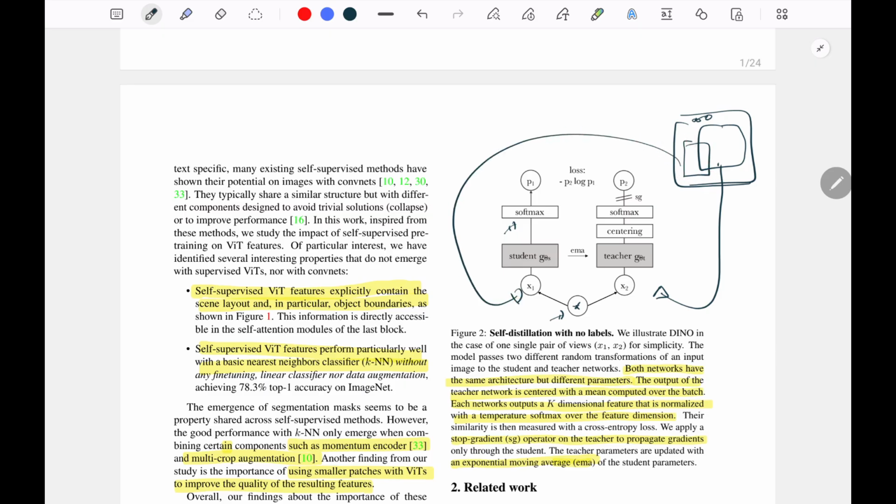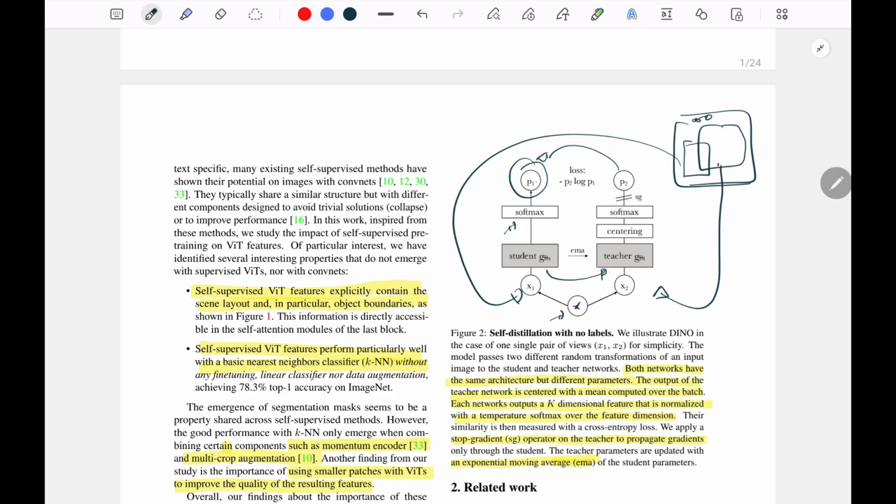Then you want the student to predict the distribution, so what the teacher generates should be similar to that of the student. Basically you want the student to learn the distribution the teacher outputs, and then you move an exponentially moving average of the student weights to the teacher.